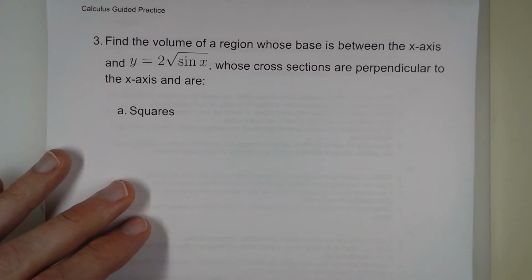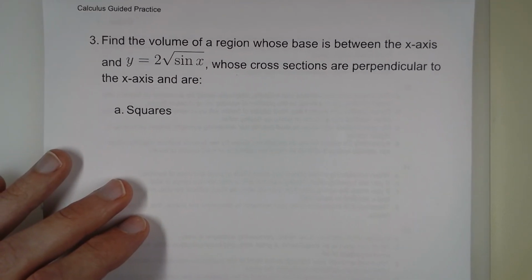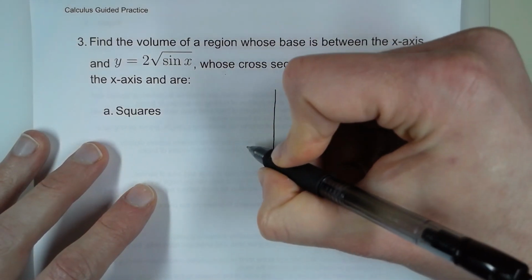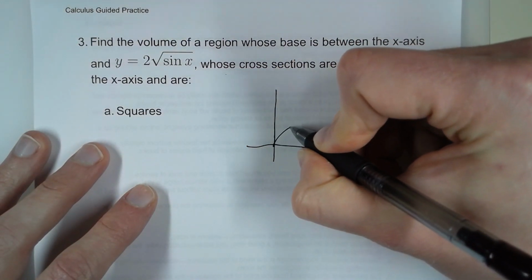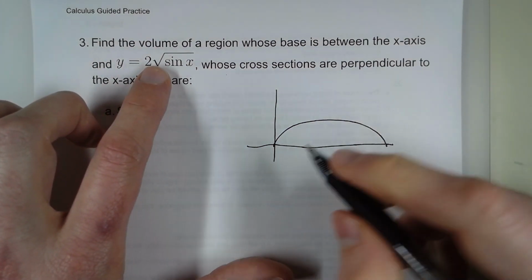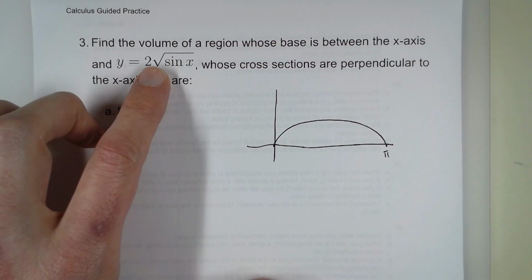For number 3, here we want to find the volume of a region whose base is between the x-axis and 2 square root of sine x. Now sine is 0 at 0, but also at pi.